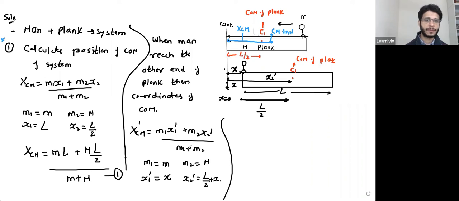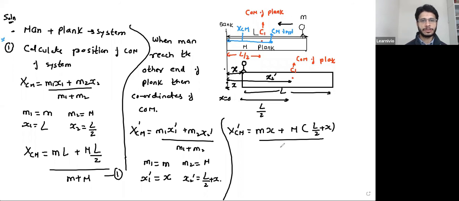So if I substitute all these values here, then the x coordinate of center of mass: m1 is m, x1 is x, m2 is capital M, x2 is L by 2 plus x, over m plus M. That's the second step for this problem.